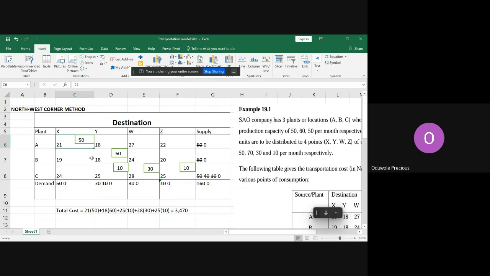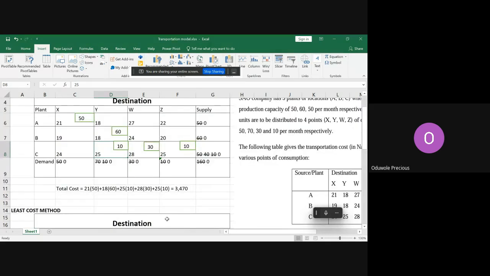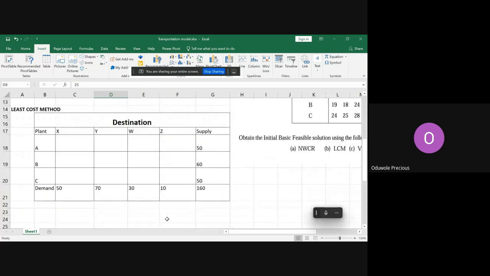Or they can ask you what is your feasible cost in cell CY. This is your cell CY. So that's 25 times 10, 250. So I don't think there's anything big there.